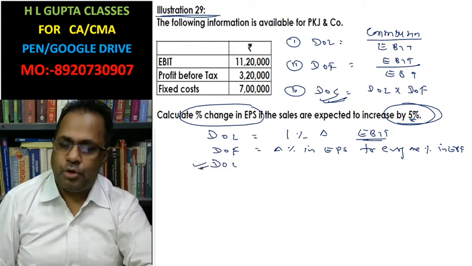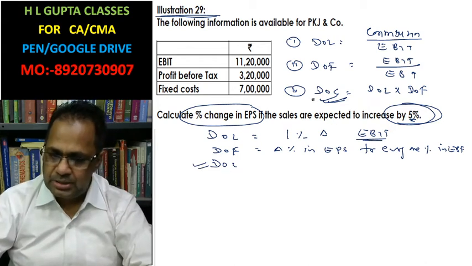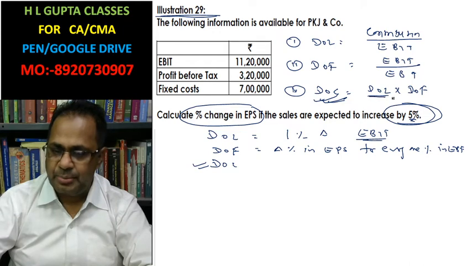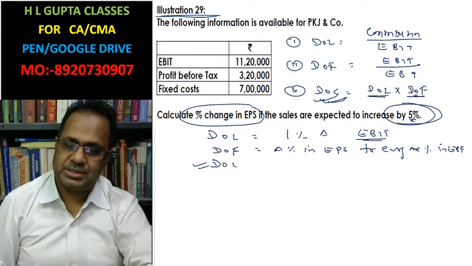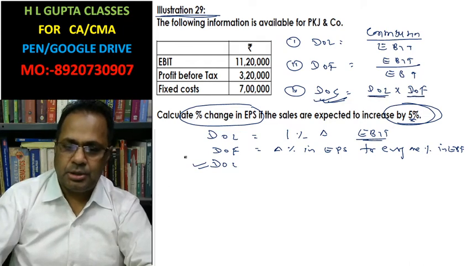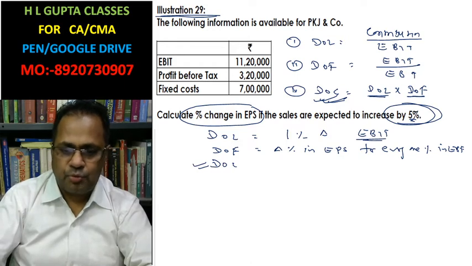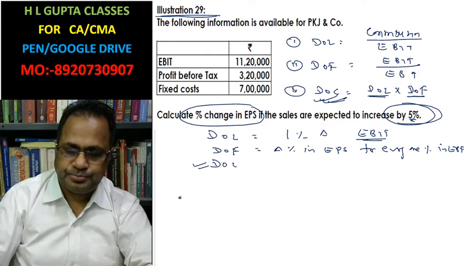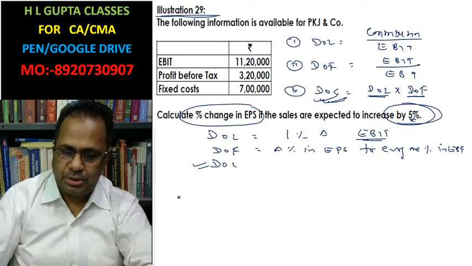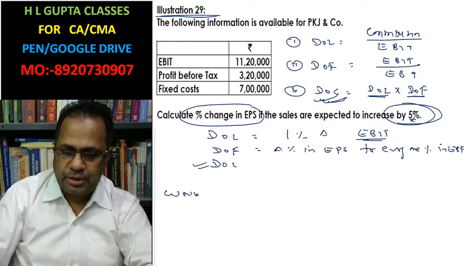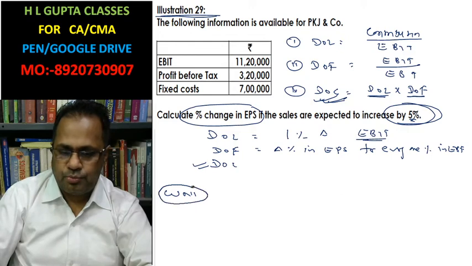For calculating degree of combined leverage, you need to calculate degree of operating leverage as well as the degree of financial leverage. In this case, profit before tax and EBIT are given, EBIT is 11 lakh 20,000. So first, working note: calculation of contribution.